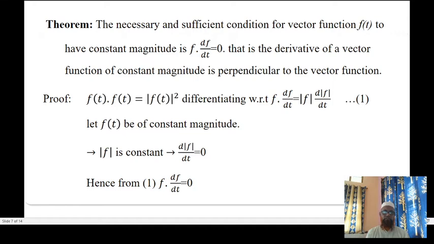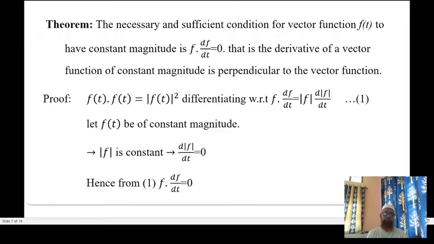That is, the derivative of a vector function of constant magnitude is perpendicular to the vector function. Proof: f of t dot f of t equals the absolute value of f of t whole square.